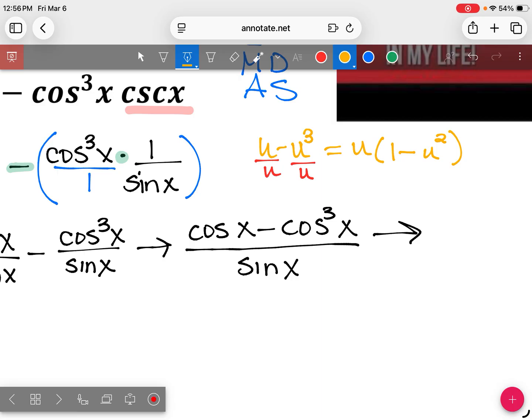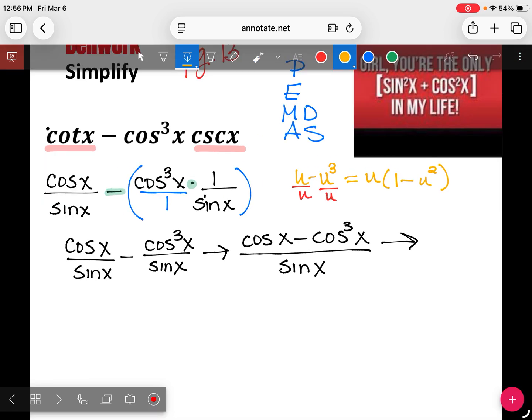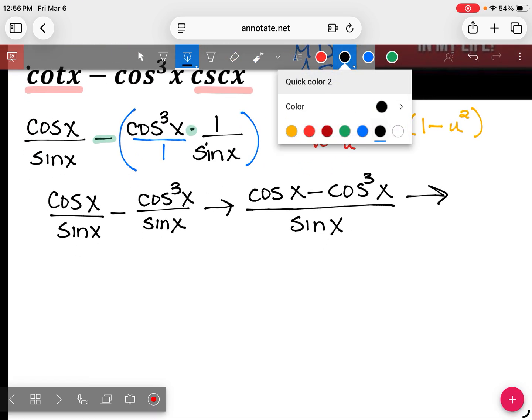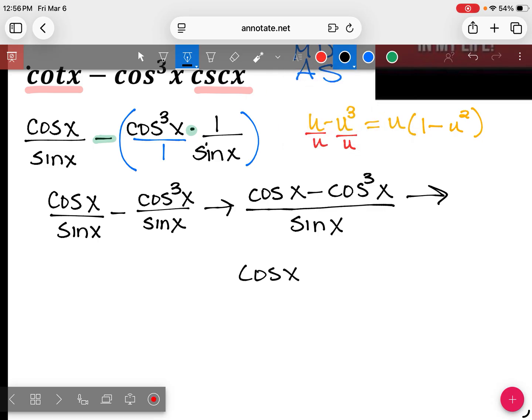So I'm going to do that, but now I'm going to put the cosine. So what I'm doing in the numerator is I'm taking out a cosine x. And that's leaving me with a 1 minus cosine squared x all over sine. Okay.